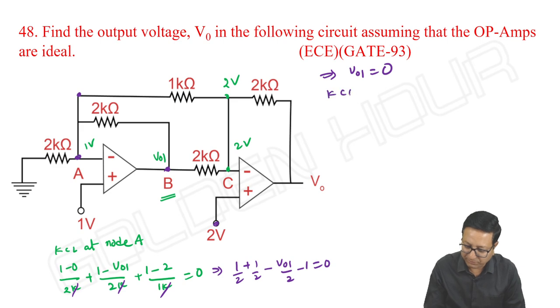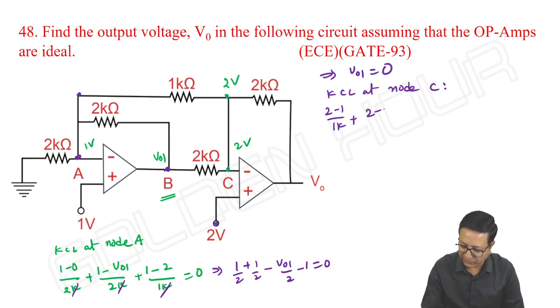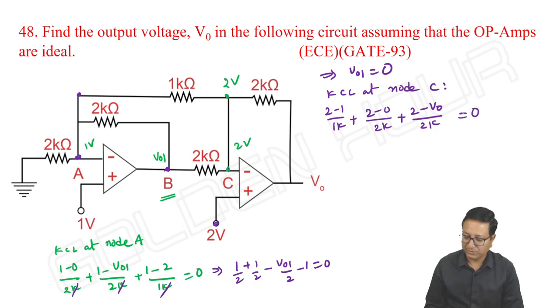KCL at node C. (2 minus 1) by 1k plus (2 minus VO1), VO1 is 0, so (2 minus 0) by 2k plus (2 minus V output) by 2k is equal to 0. I hope you get the point. VO1 value is found to be 0, that's why directly I substituted that.